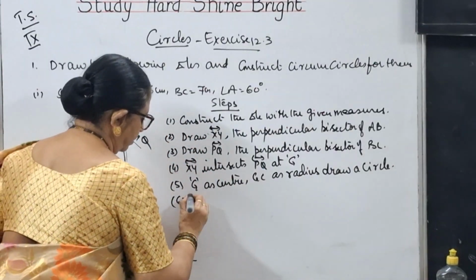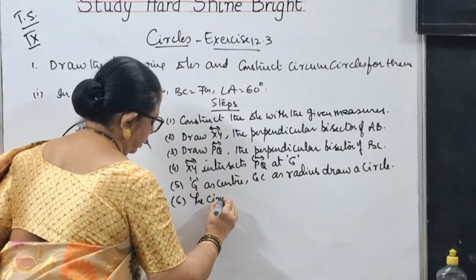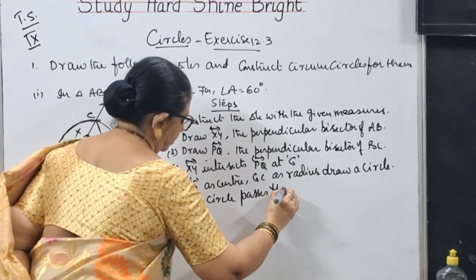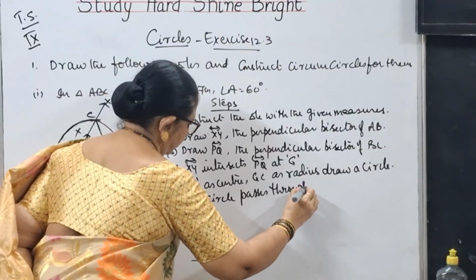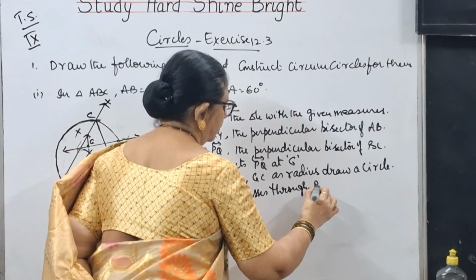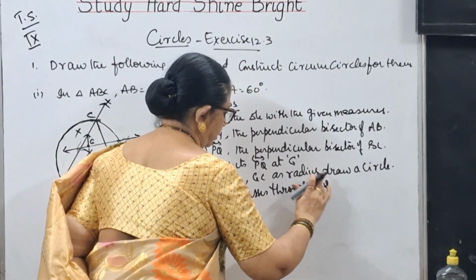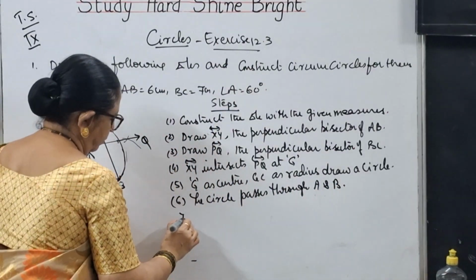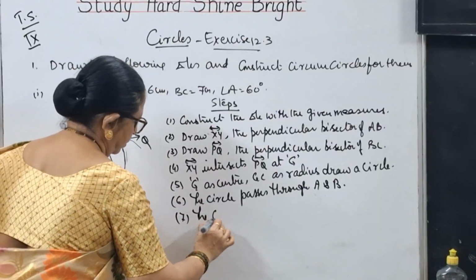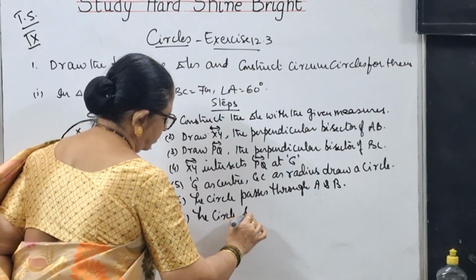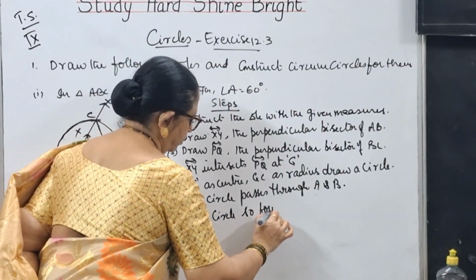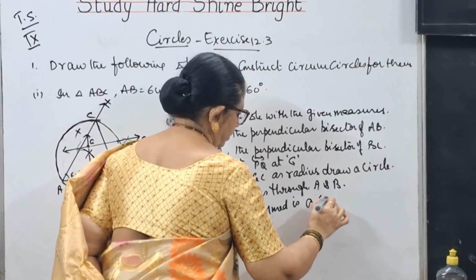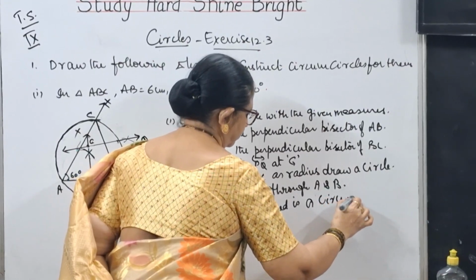Sixth point, the circle passes through A and B. Seventh point, the circle so formed is a circumcircle.